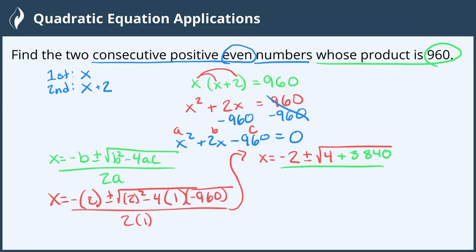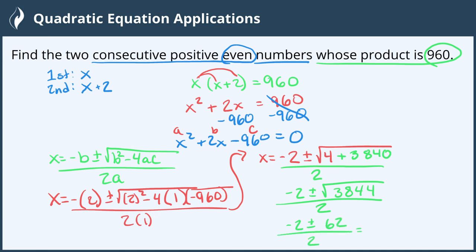All of that is over 2 times 1, which is 2. Let's continue. 3,840 plus 4 is 3,844, so we have negative 2 plus or minus the square root of 3,844 over positive 2. I'm going to type that into my calculator and see if it's a perfect square, which it is. Negative 2 plus or minus 62.